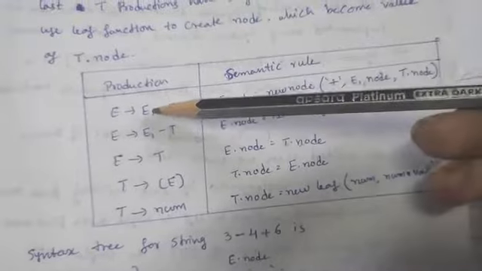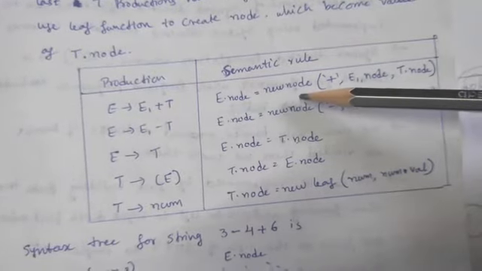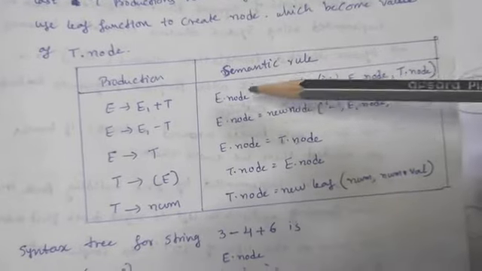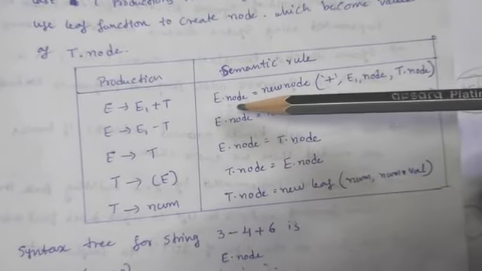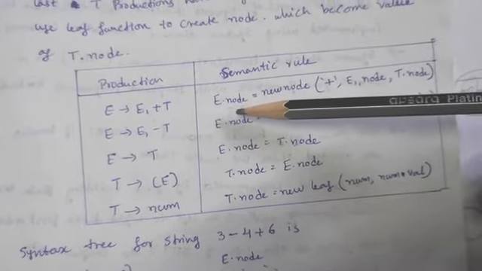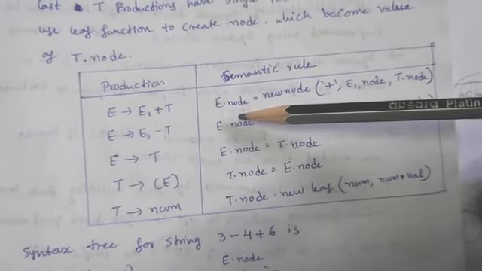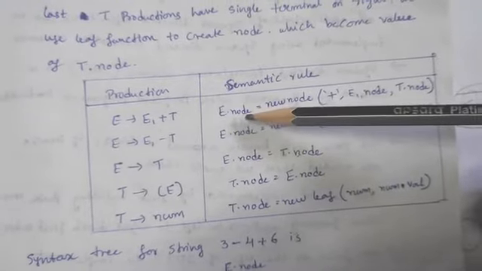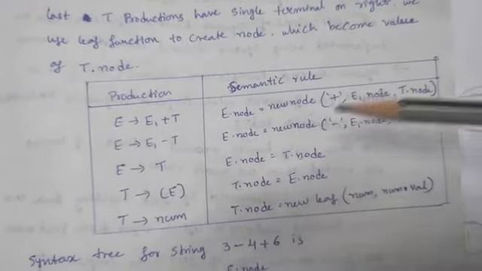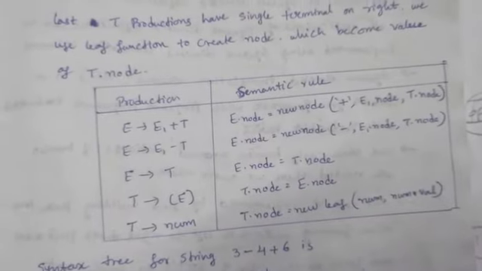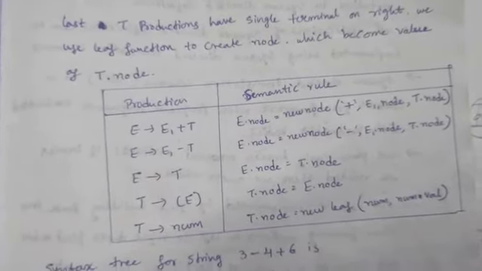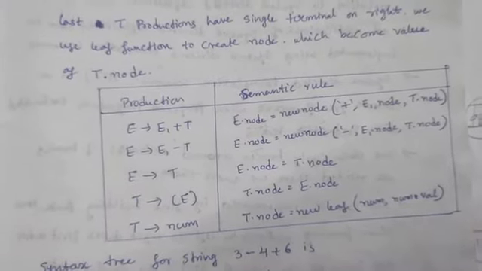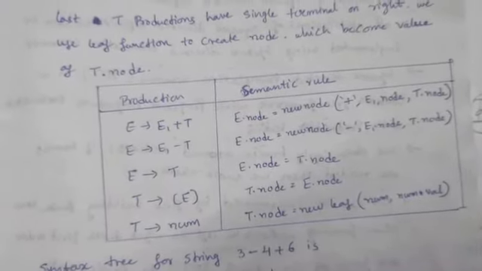So for each production we need to write the semantic rule separately, and in that semantic rule we need to express each attribute of the non-terminal. In SDD, we need to maintain an attribute for every non-terminal, and we need to write semantic rules for that.